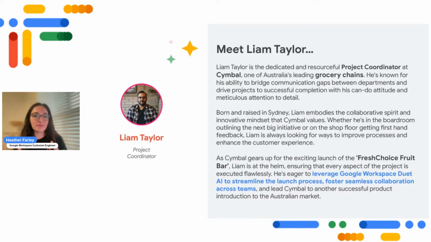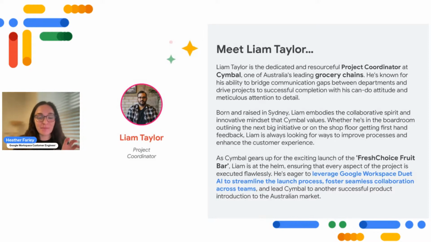We're going to meet Liam Taylor. So Liam Taylor is a project coordinator at Symbol. This is one of Australia's leading grocery chains. So Liam Taylor is a go-getter. He's really innovative and he is very successful at his organization. But what he wants to do is bring this to the next level and introduce more meticulous attention to detail. So Liam is going to be located in Sydney, Australia.